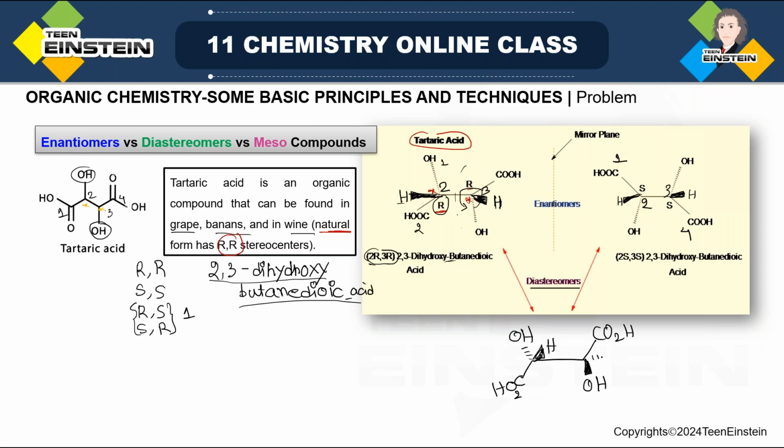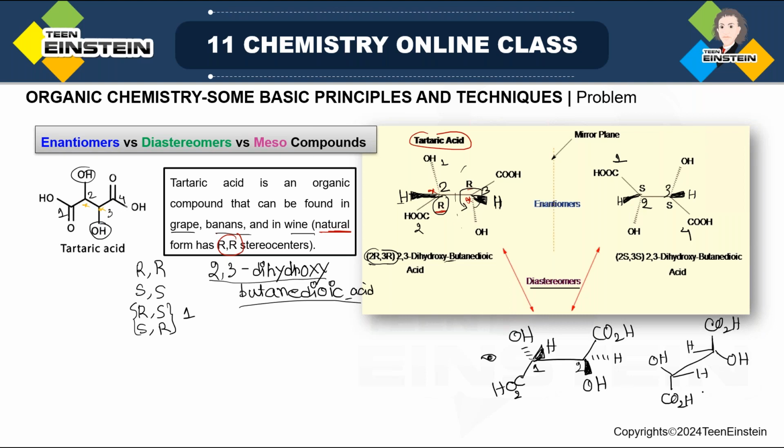So what I will do, if you are looking at this molecule from this side, suppose number 1 carbon is towards you, and I am just converting it to sawhorse. So if it is so, then OH is here, H is here, CO2H is here, and the back carbon, which is number 2, CO2H is in this vertical bond, hydrogen is this side, OH is this side.